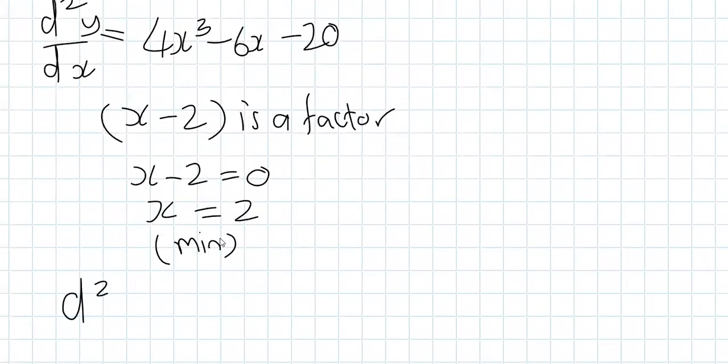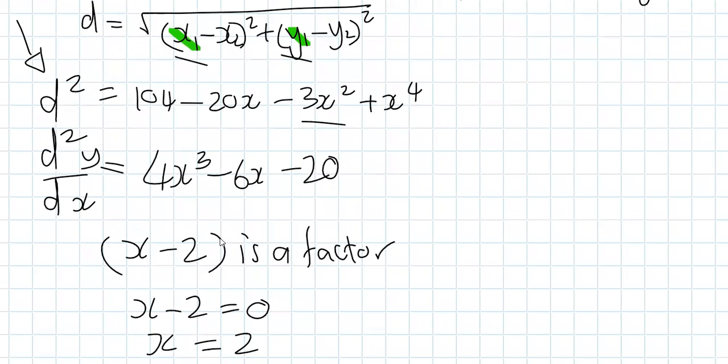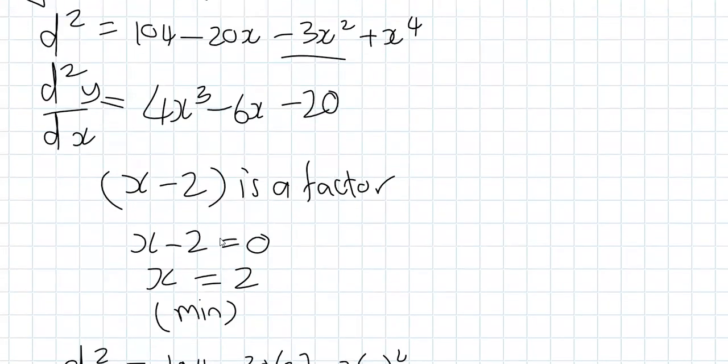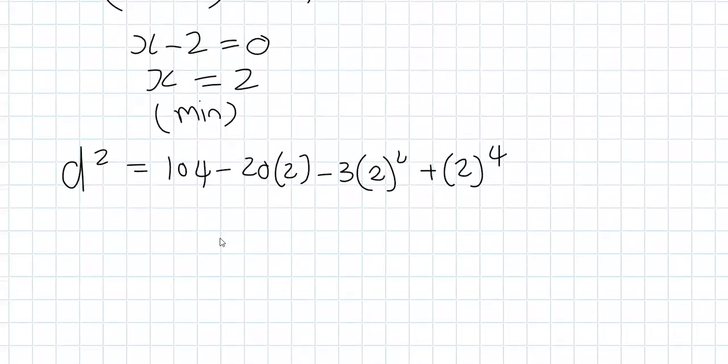So d squared is equal to 104 minus 20 times 2, we're subbing in x equals 2, minus 3, 2 squared plus 2 to the power of 4. So d squared, add this all up. You can do it yourself or put it in your calculator. For time, I get 68. I get 68 and take the square root of both sides.